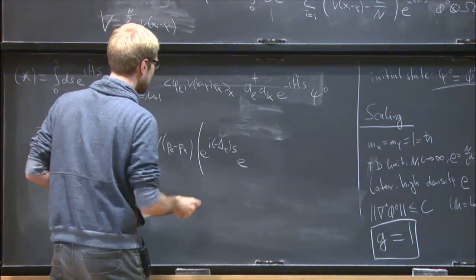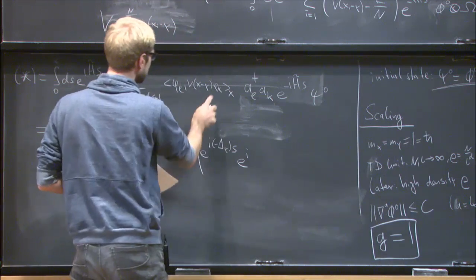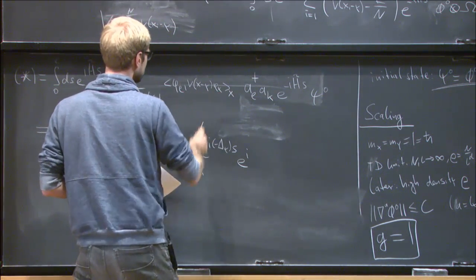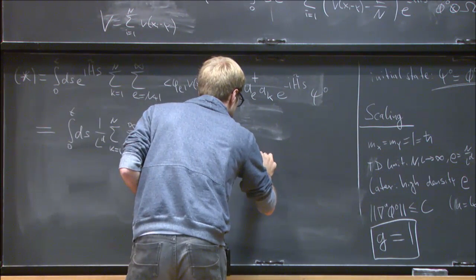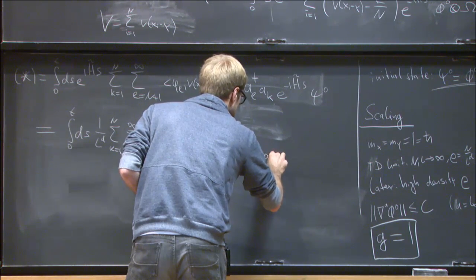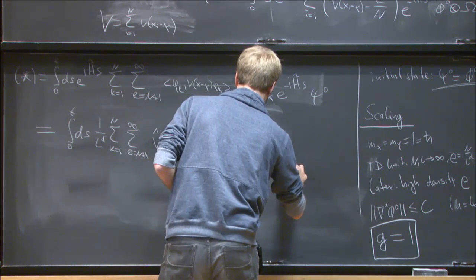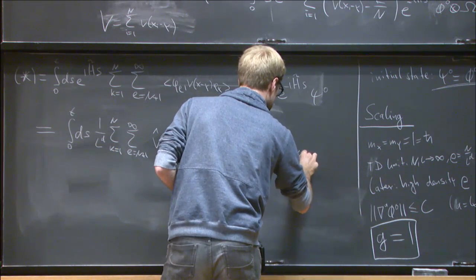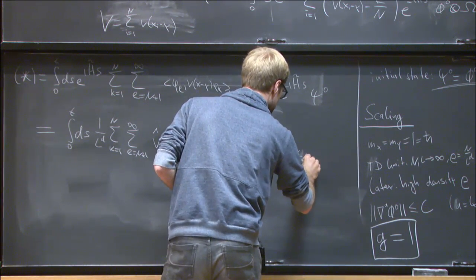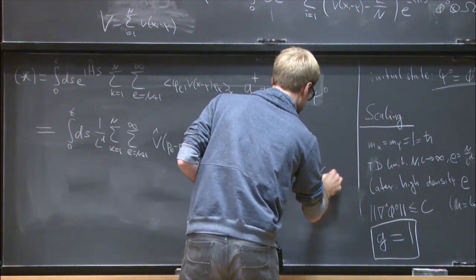So I get an e to the I pk, pl minus pk times y. And again I get the free propagator, e to the minus I minus nabla ys, acting on phi 0.